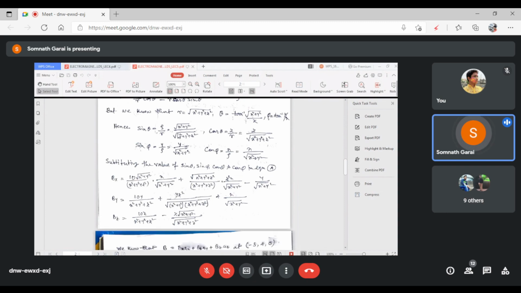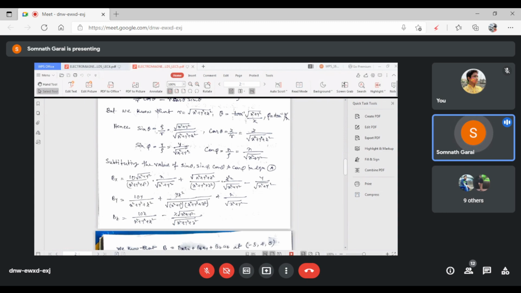So after putting the values of sin theta, cos theta, sin phi, cos phi, r, theta and phi, we get the Cartesian coordinate components Bx, By and Bz in respect of x, y, z.